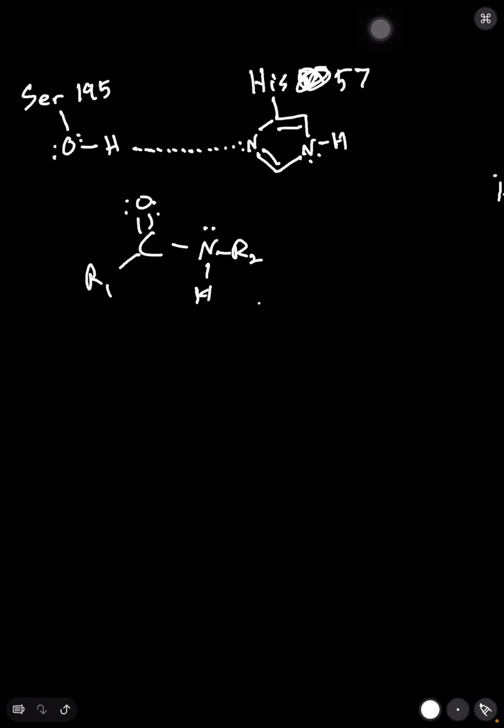This is essentially just a nucleophilic substitution that occurs, right? If you're tugging this away, that's going to expose these electrons a little bit more, make this more negative. And what's going to happen is this is going to attack the carbonyl carbon in your peptide bond. And that's going to cause, temporarily, a pair of electrons to hop up here.